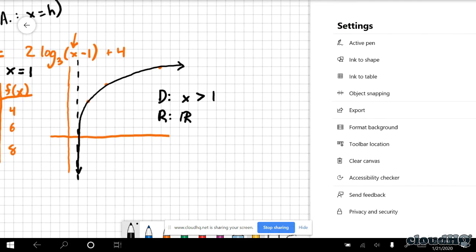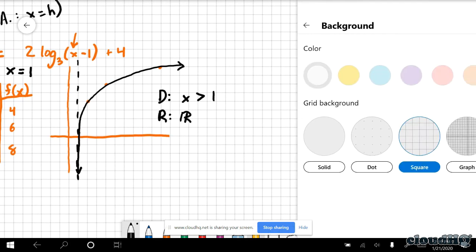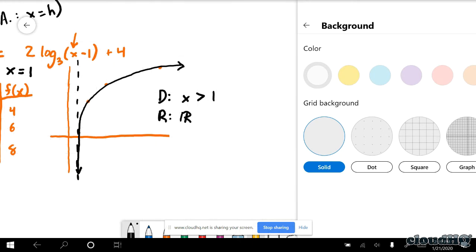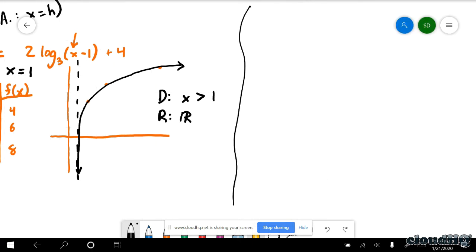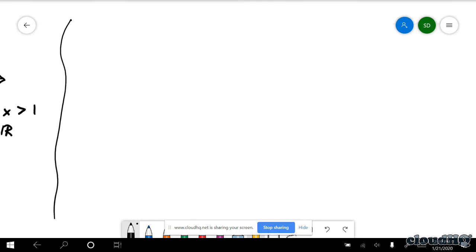I'm going to get rid of the graphing background, so we will do no graphing today. So 7.4 is titled Solving Logarithmic Equations and Inequalities.